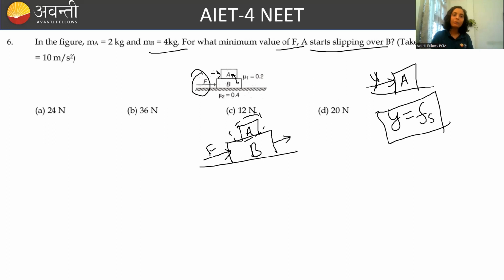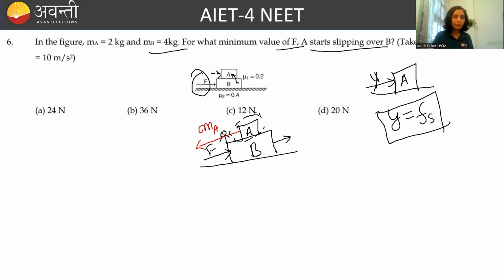And you know that if something is kept on an accelerating frame, and we are standing on that frame and trying to write the equation, we will apply a pseudo force. Because of the acceleration of B, pseudo force will act on A, and the direction of this pseudo force is opposite to the direction of acceleration.